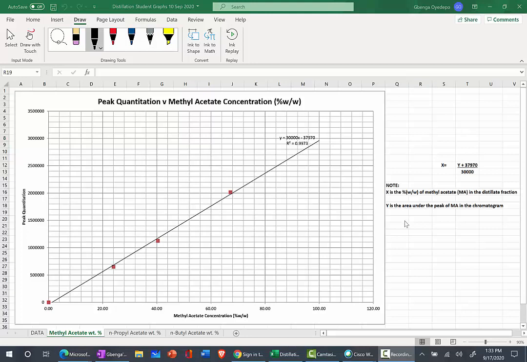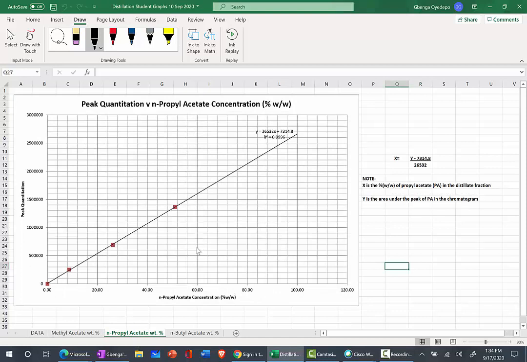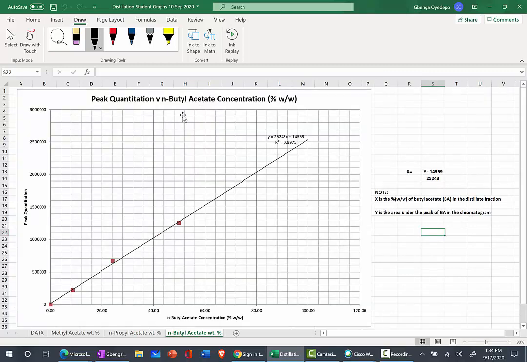If you look carefully, you will see that 3 calibration curves are actually provided. One is for methyl acetate, if you look down here. Another one is for N-propyl acetate. And the third one is for N-butyl acetate.